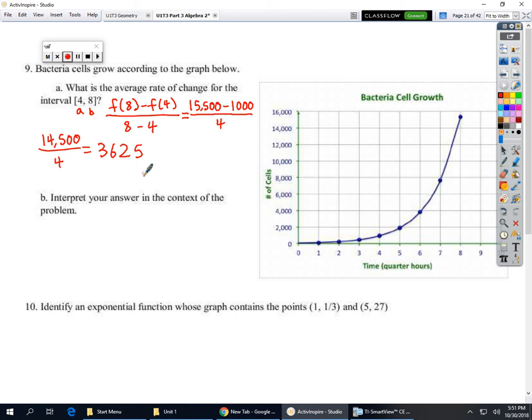That means the cells grow at a rate of 3,625 per, it's not per hour. The units are a little weird here. These are in quarter hours, so it seems like every 15 minutes. So per quarter hour.